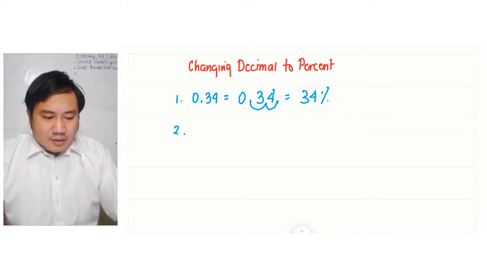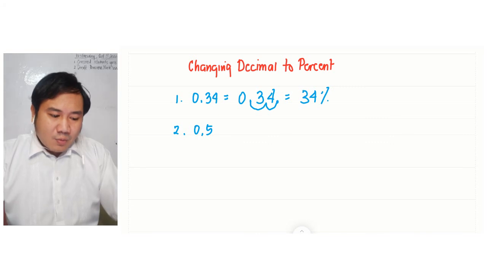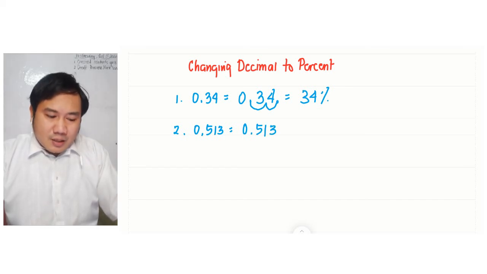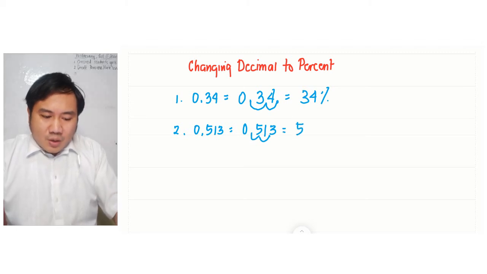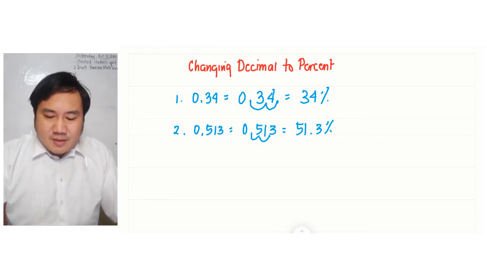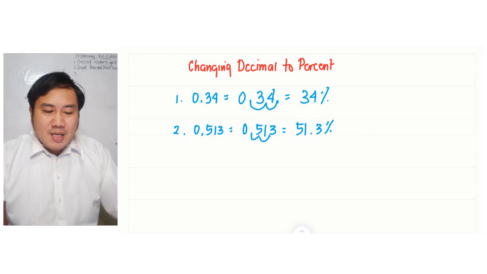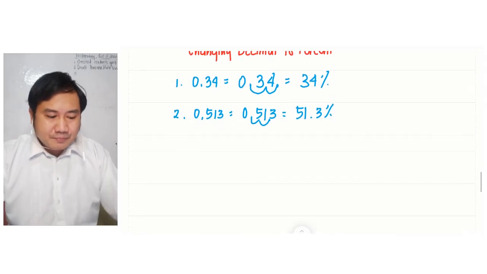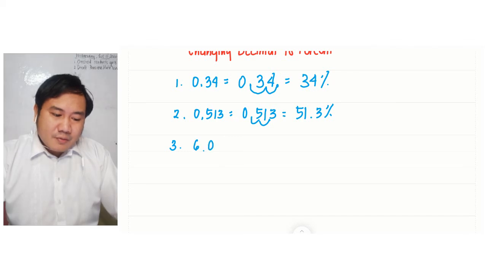Another, 0.513. So, move the decimal point 2 decimal places to the right. 1, 2. So, that is 51.3%. 0.513 is 51.3% in percent form. Another, 6.04.